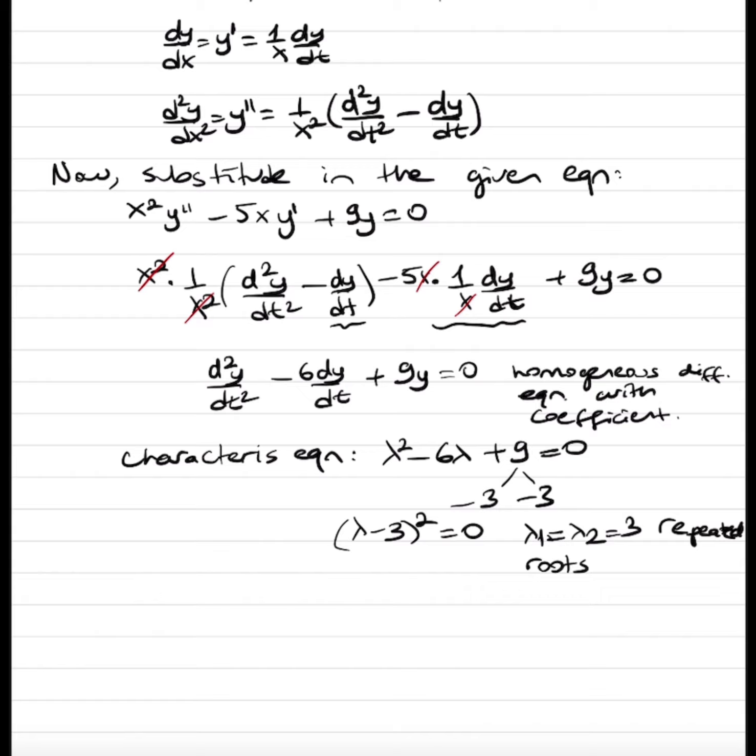In this case, we know the solution is of this form: c1 e to the power lambda 1 t. We need to be careful. I wanted to write lambda 1 x, but now we are in the variable t. So this is c1 e to the power lambda 1 t plus c2 t times e to the power lambda 1 t.